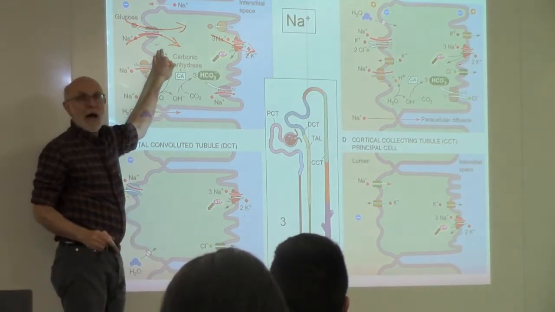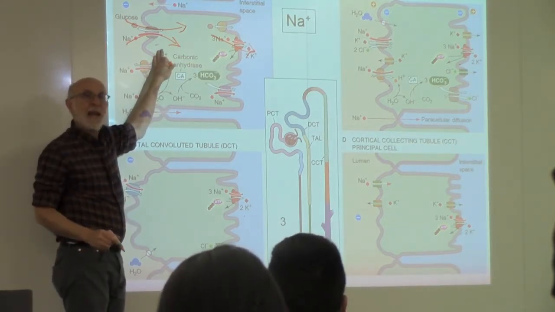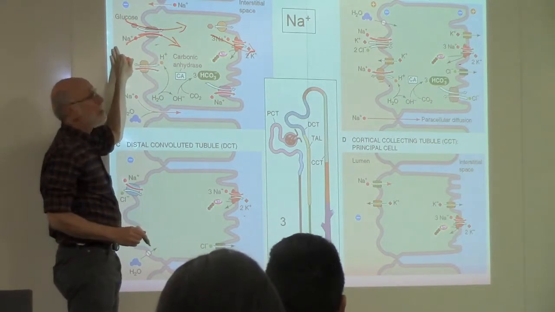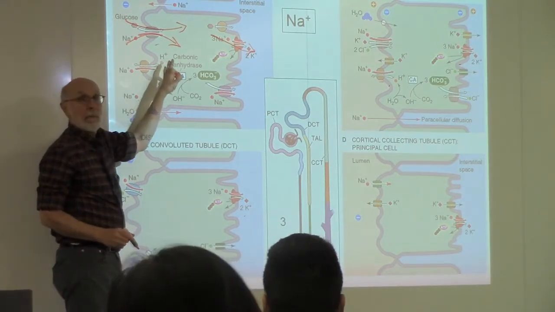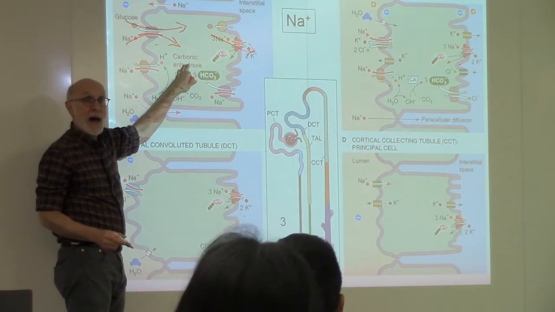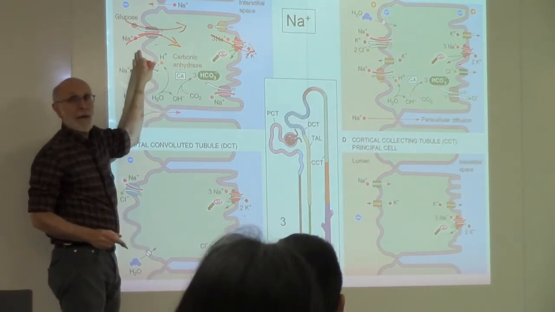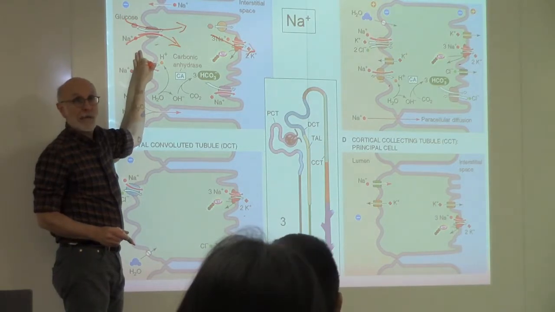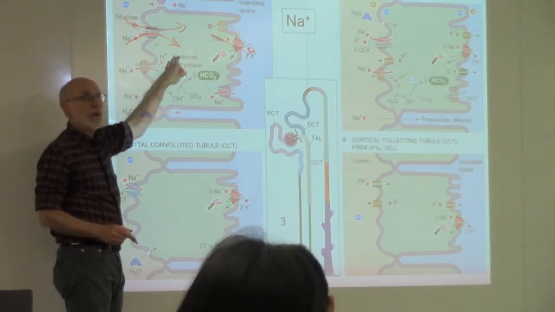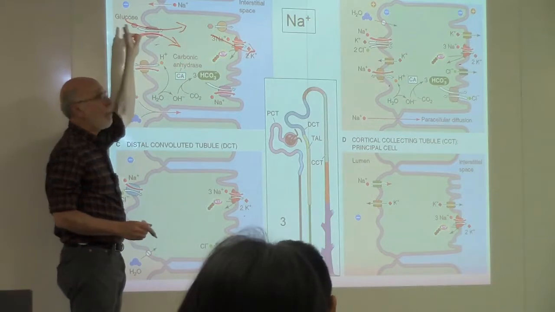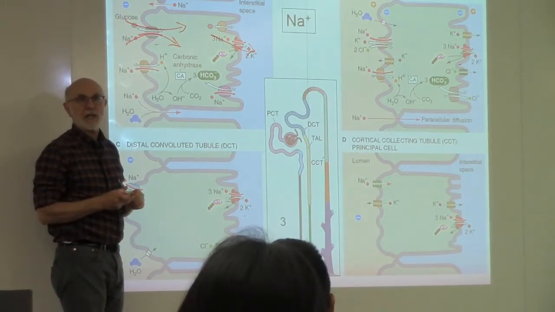This may or may not be passive. This can be active. If the glucose concentration here is low and the glucose concentration here is high, this can happen and we would call it active transported glucose, because it's using the sodium gradient to pump glucose. It depends on the concentration.